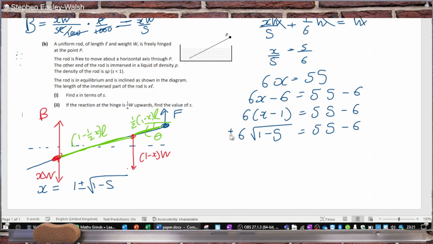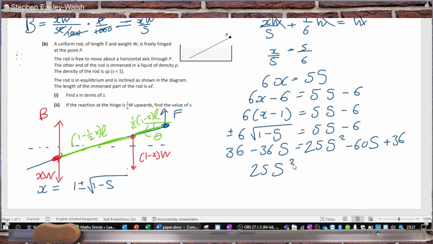With the plus and the minus, but I'm going to square, so that would be 36 minus 36S equals 25S squared minus 60S plus 36. So that's 25S squared, and then minus 60 plus 36 is minus 24S. Oh, and the 36 cancels. That's nice. Equals 0.